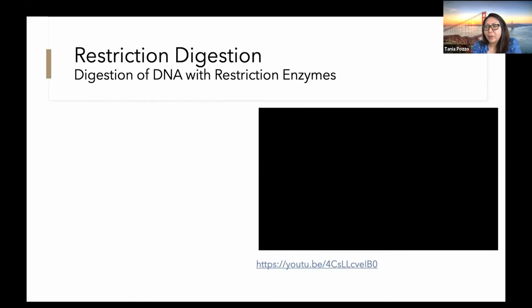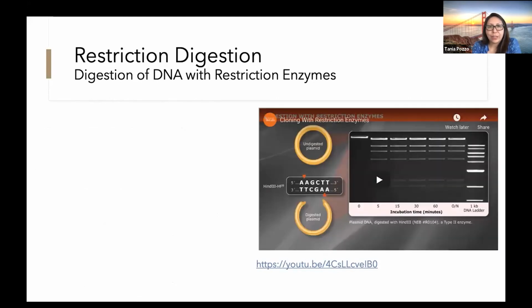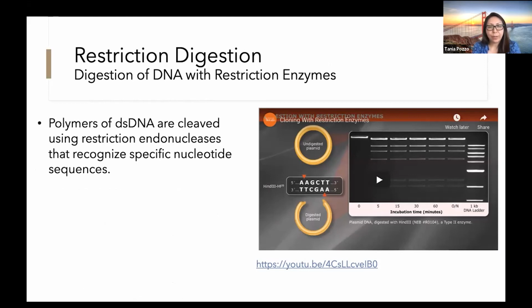The second technique is restriction digestion, where digestion of DNA happens using restriction enzymes. Briefly, polymers of double-stranded DNA are cleaved using restriction endonucleases that recognize specific nucleotide sequences.